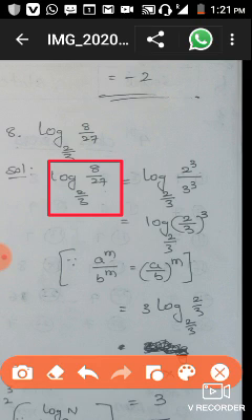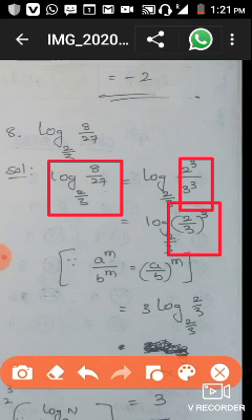So 8 by 27 we can write as 2 cube by 3 cube. 8 has become 2 cube and 27 becomes 3 cube. We have one exponential formula, a power m by b power m equals a by b whole to the power of m. According to that formula we can write 2 by 3 whole to the power of 3.